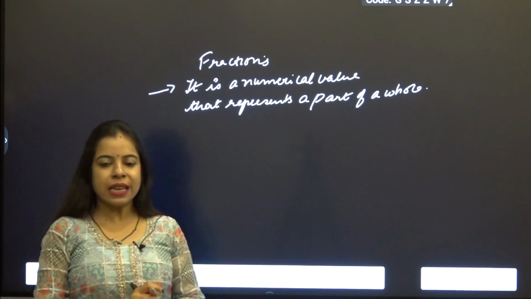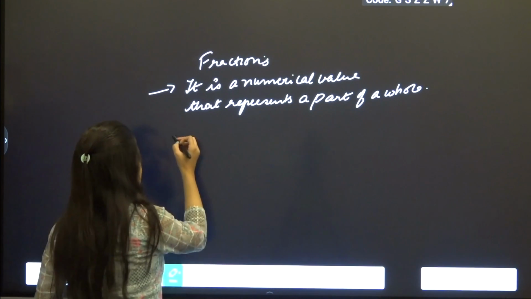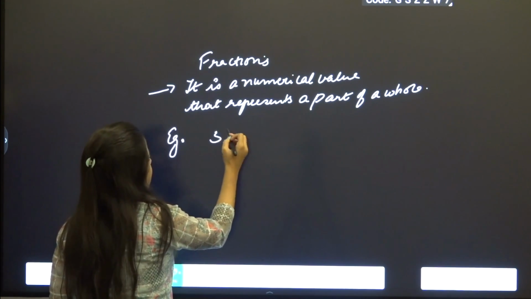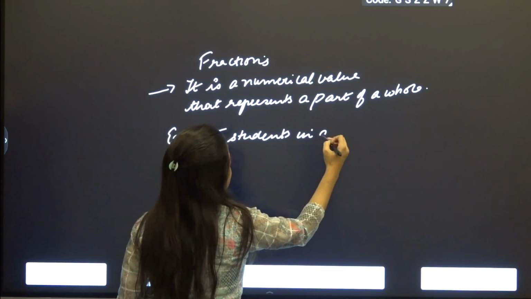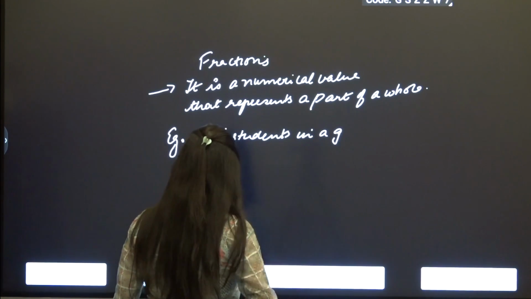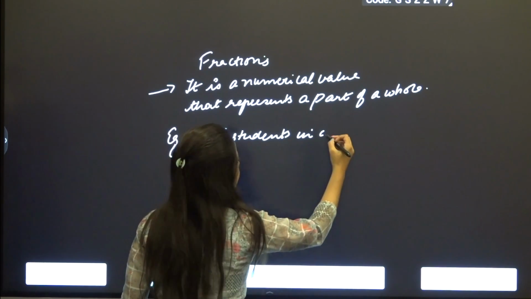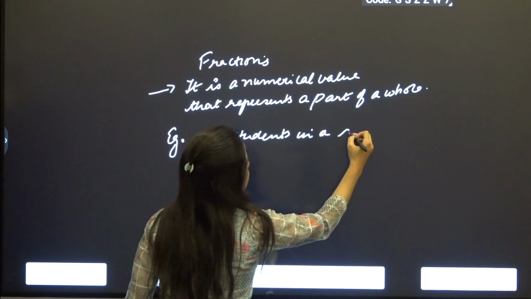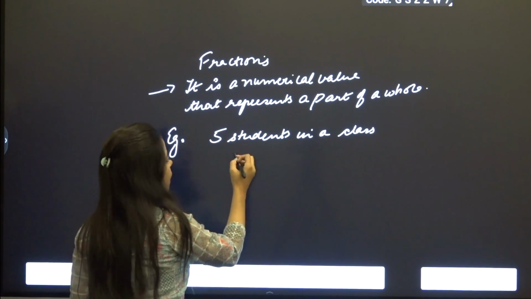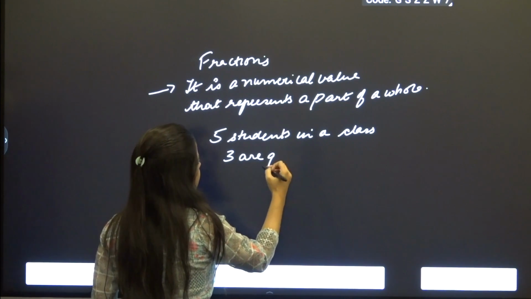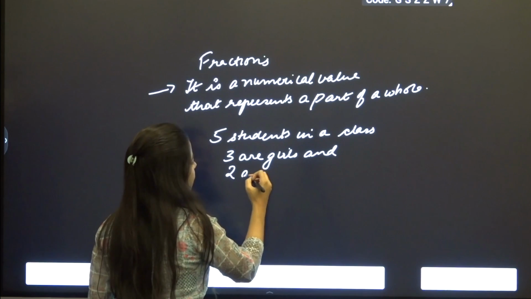For example, let's say there are 5 students in a class, out of which 3 are girls and 2 are boys.